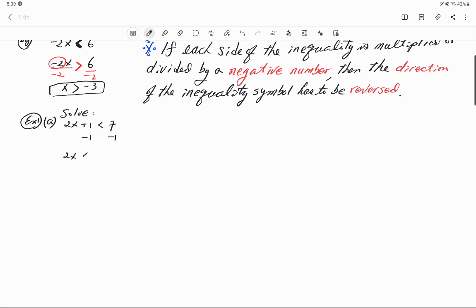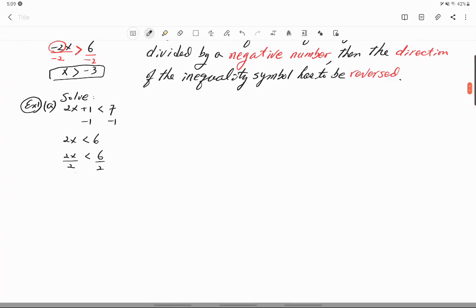So 2x is less than 6. Then divide each side by 2. Since 2 is a positive number, nothing changes. So x is less than 3. This is the solution.